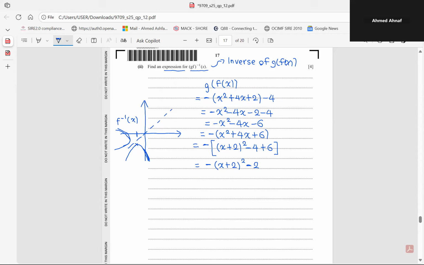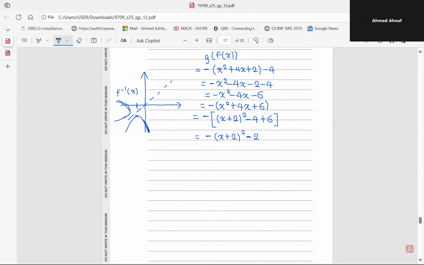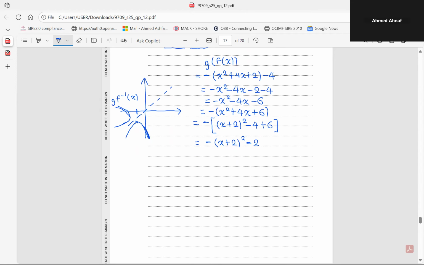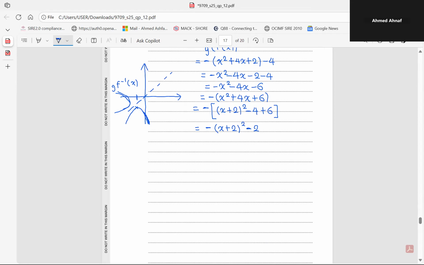Okay, so x values would be negative and the y values would be both positive and negative. So that's the case. All right, gf inverse x. So now we're ready to find it.